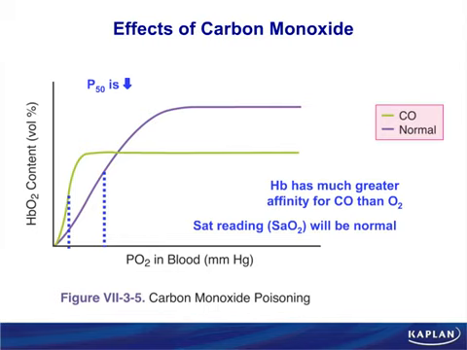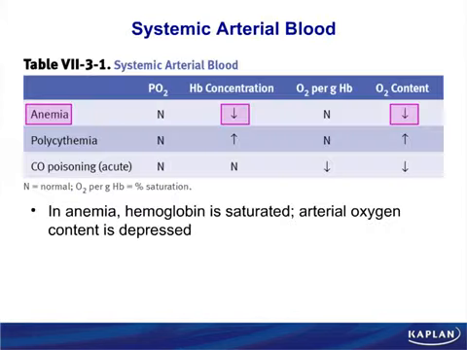And in addition, when the truck's coming by to drop off the oxygen, it doesn't want to give it up. So it's a double whammy to the tissue. Carbon monoxide is a very deadly gas. Carbon monoxide can also disrupt the electron transport system as well. So very deadly gas.